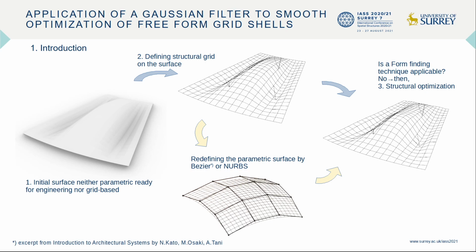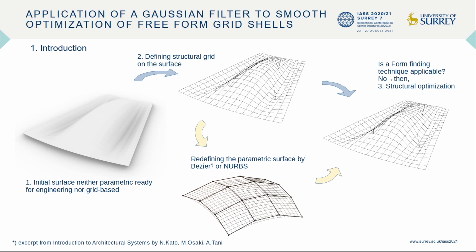Let's think of typical 3 steps in the design of a freeform grid shell. First, an architect creates a freeform surface by a modeling software such as Rhino. Second, if you think a grid shell is good for structure, the grid must be defined over the freeform surface. Then finally, you will start optimization for the structure.